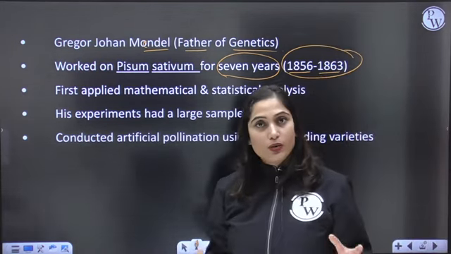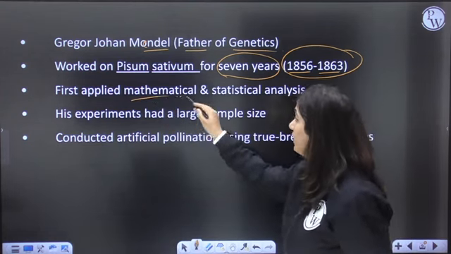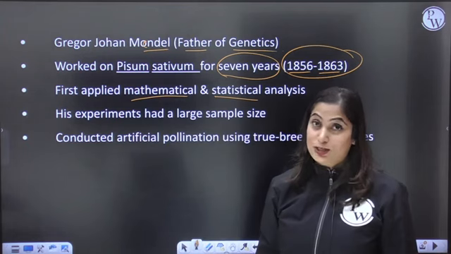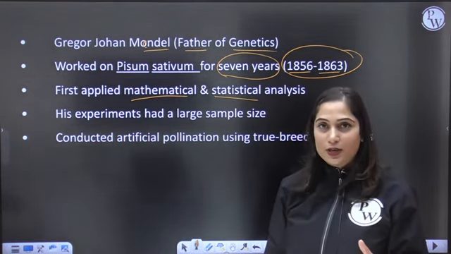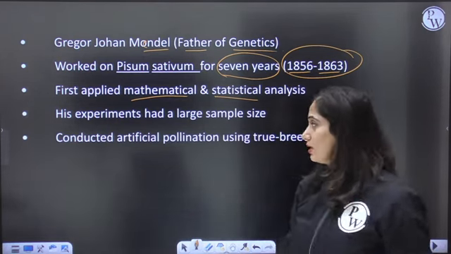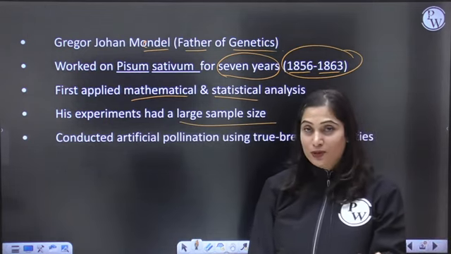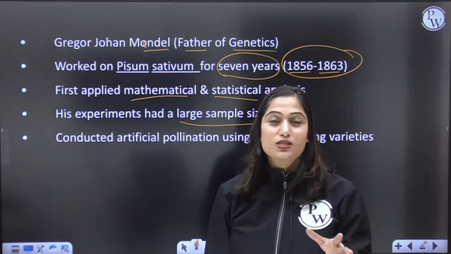And why was his work unique? Because he was the first one to apply mathematical and statistical analysis in the field of biology, and his work, observations and experiments were not based on a small sample size, but on a large sample size. And one more thing, Pisum sativum naturally shows self-pollination.